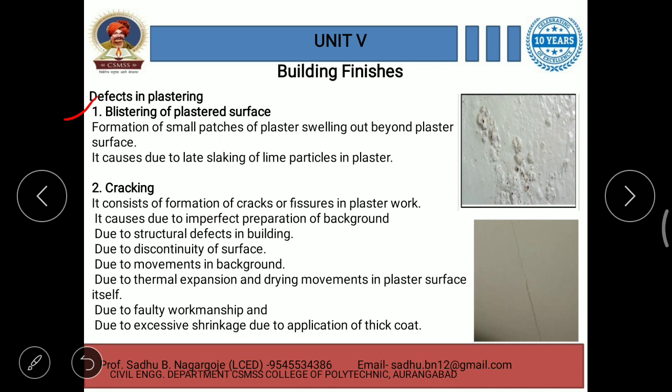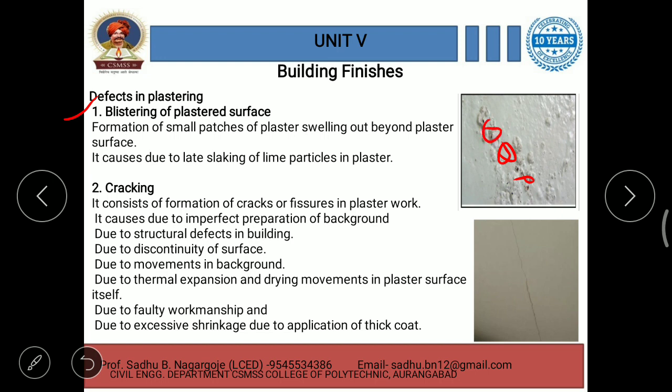First defect is blistering. So formation of small patches of plaster swelling out beyond the plaster surface is called blistering.